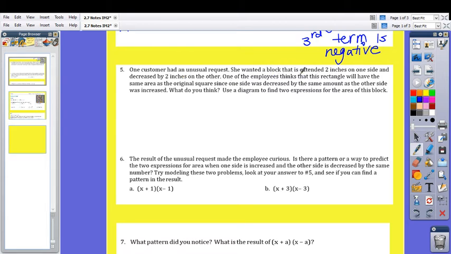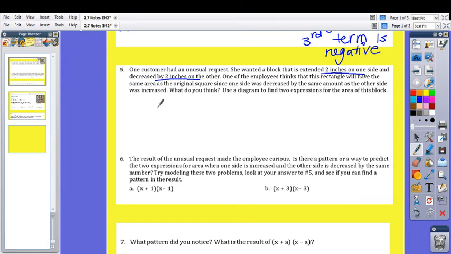They want to extend 2 inches in one side, but decrease it by 2 inches on the other side. And then they're thinking that this will be a rectangle with the same area as the original, because you're decreasing the same amount. But let's find out if that's the case, okay?